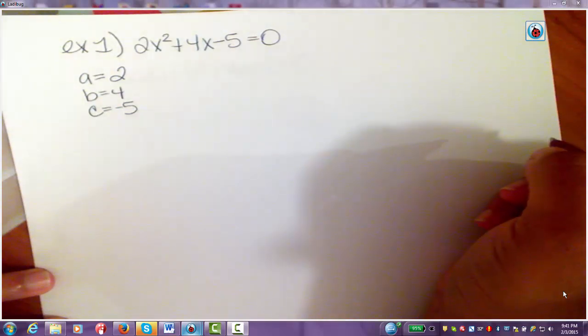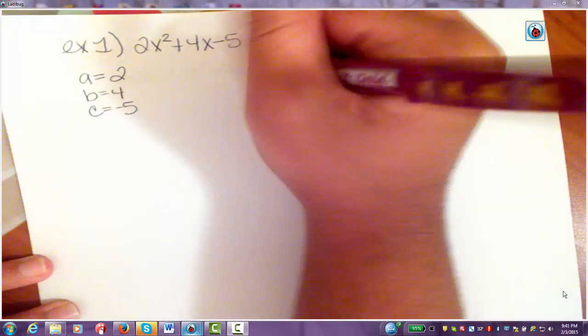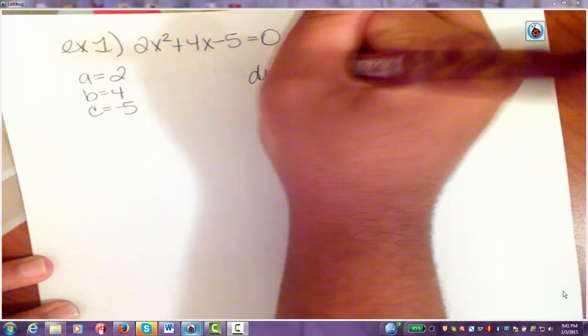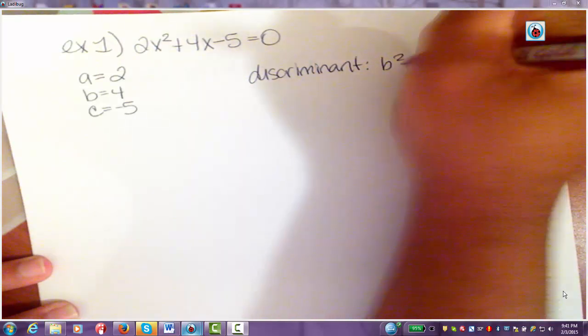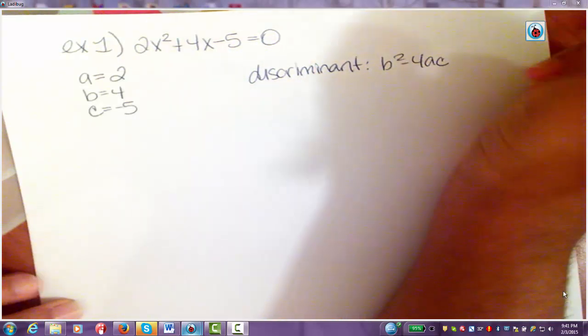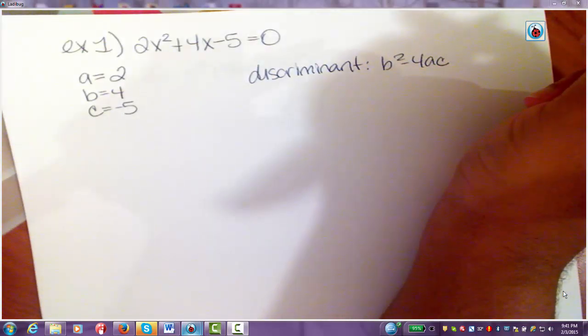Now we are going to evaluate our discriminant. Remember, the discriminant is b squared minus 4ac. It's the portion under the radical in the quadratic formula.